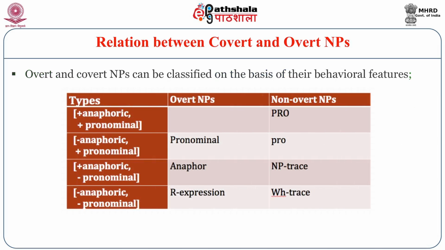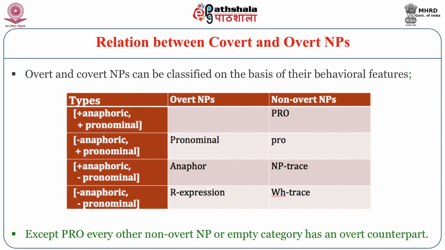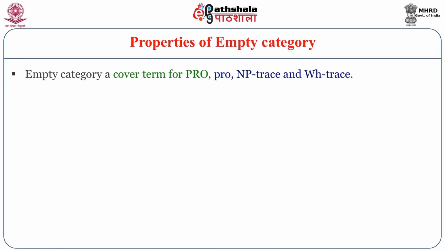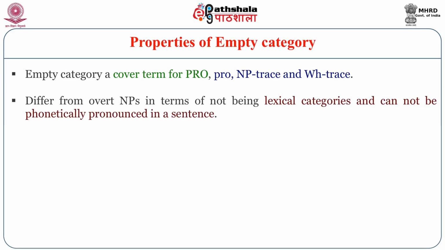As you can see in this particular chart, except PRO, every other non-overt NP or empty category has an overt counterpart. There are certain properties of empty categories. Empty category is a covert term for PRO, pro, NP trace and WH trace. It differs from overt NPs in not being a lexical category and cannot be phonetically pronounced in a sentence.